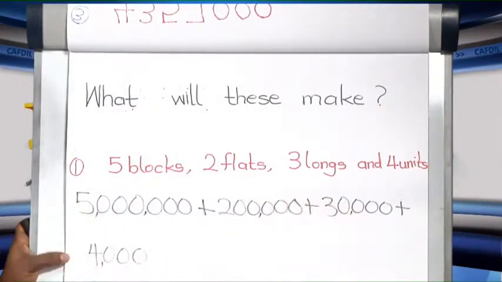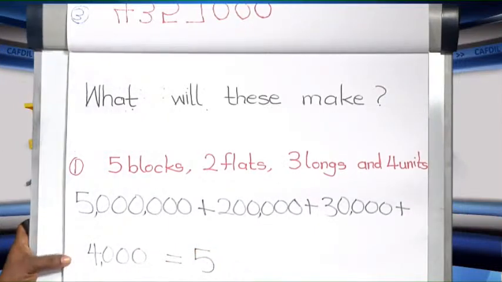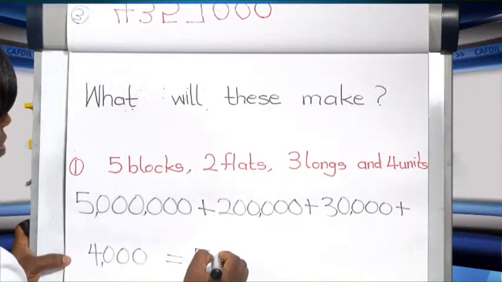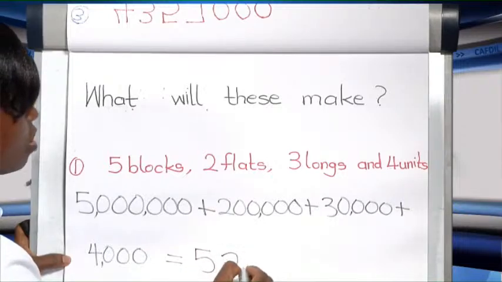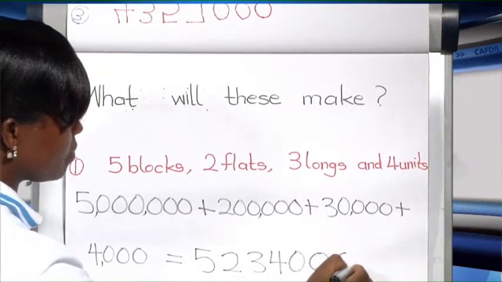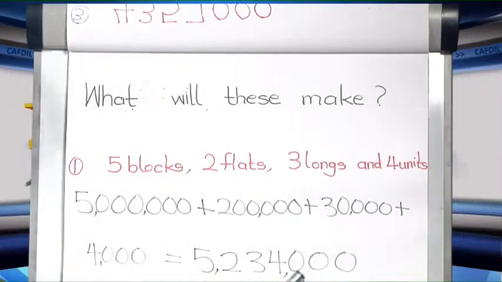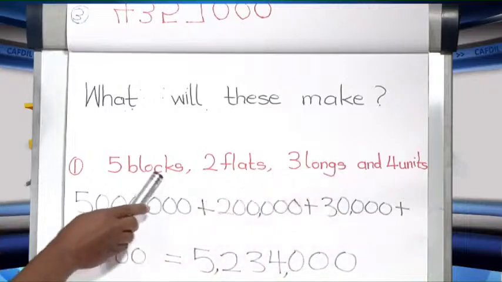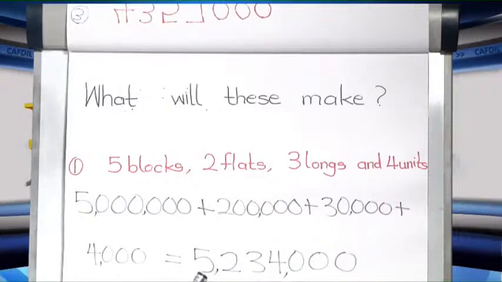When we sum up all these numbers, we're going to have 5,234,000. So this is the value of what we have here: 5 blocks, 2 flats, 3 longs, and 4 units. 5,234,000.